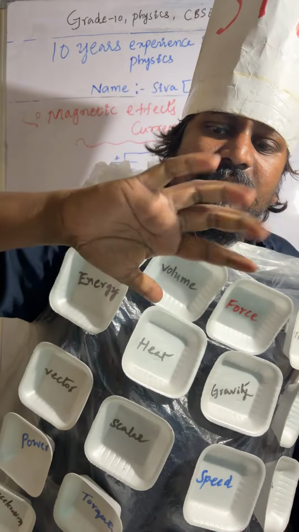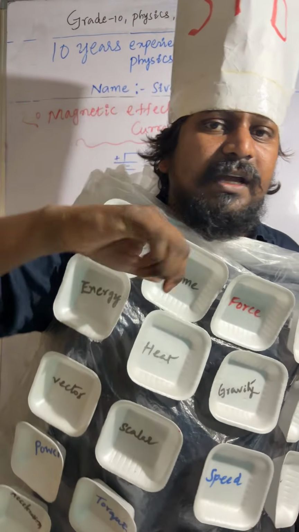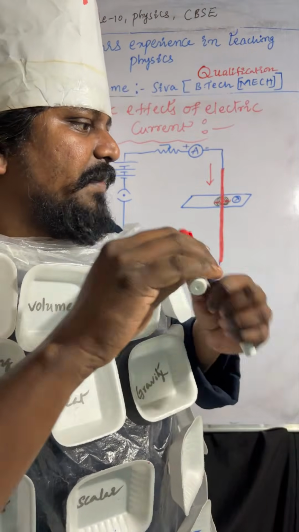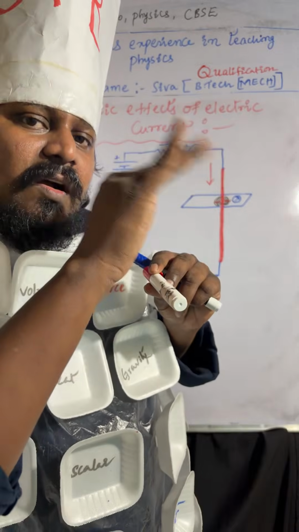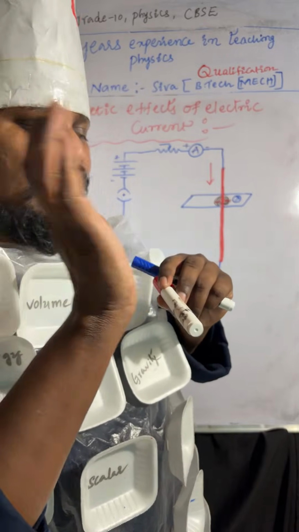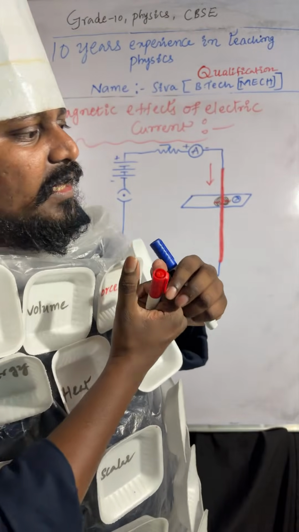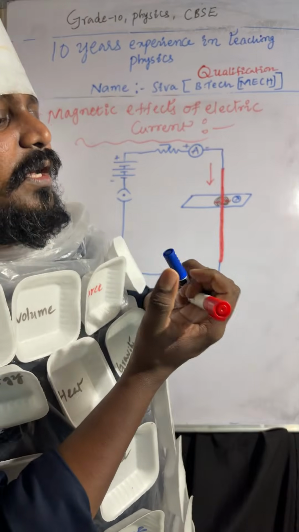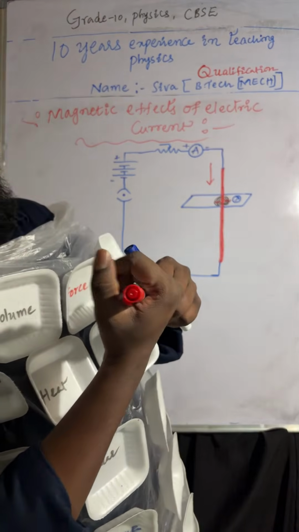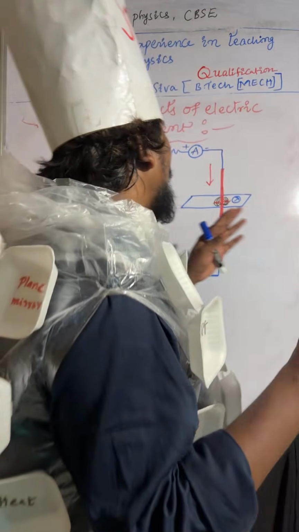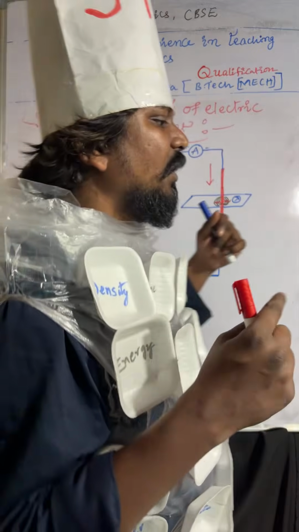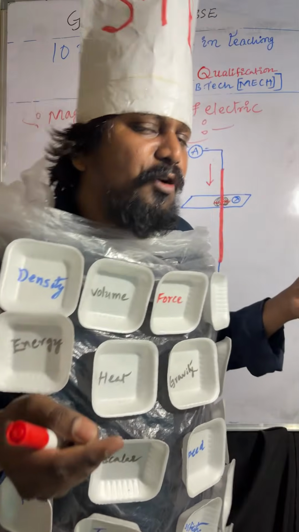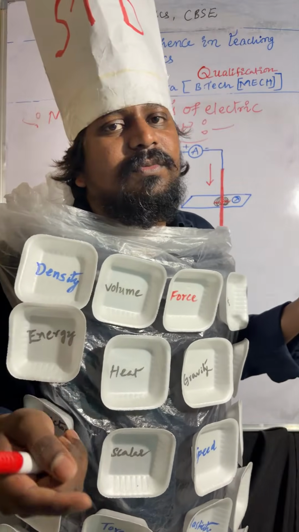If the current is passing towards me, the fingers wrap in the clockwise direction, so the magnetic field will be clockwise. If the current is passing towards you, it is anti-clockwise. Like that you have to identify the magnetic field produced around the conductor by using the right hand thumb rule.